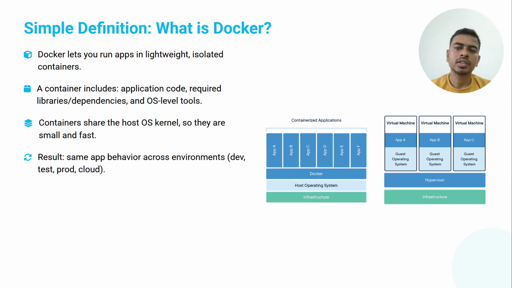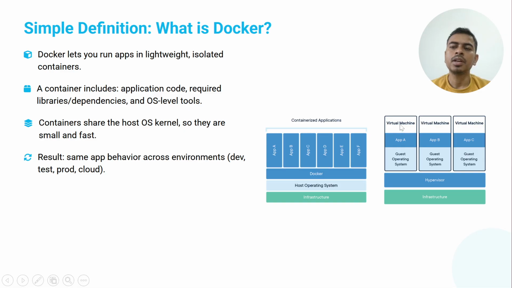You can see here, this is the application and this is Docker installed. Inside Docker, there are different containers. Applications A, B, C, D, E, F are running on top of the host operating system and infrastructure.